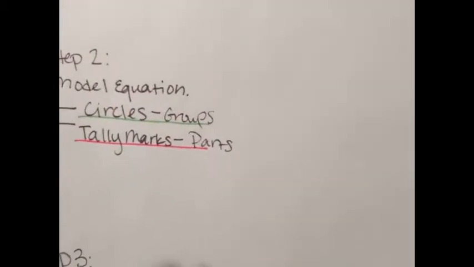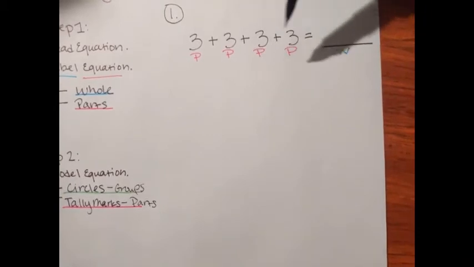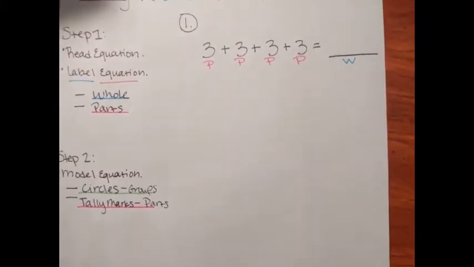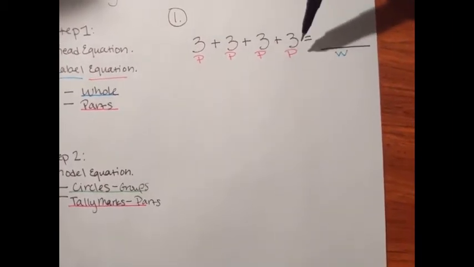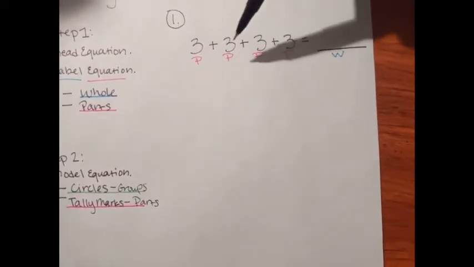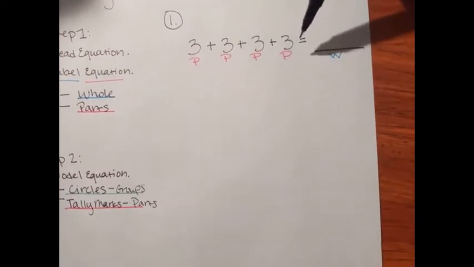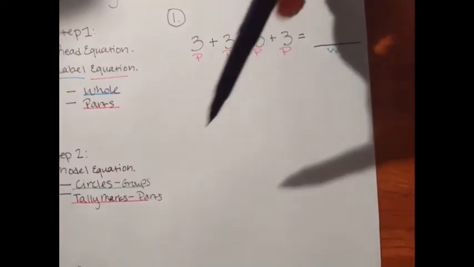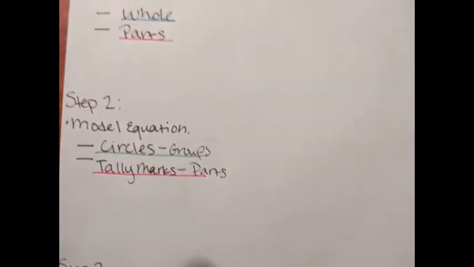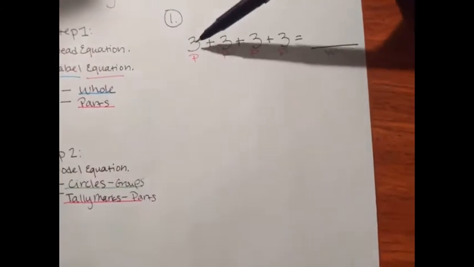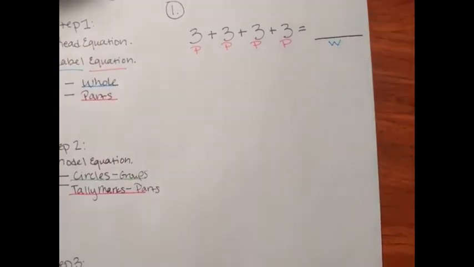Now, our groups is how many times a number is repeated. So if we have the number 3 up here 1, 2, 3, 4 times, we have 4 parts. That's how many groups we're going to have. We're going to have 4 groups in our equation.